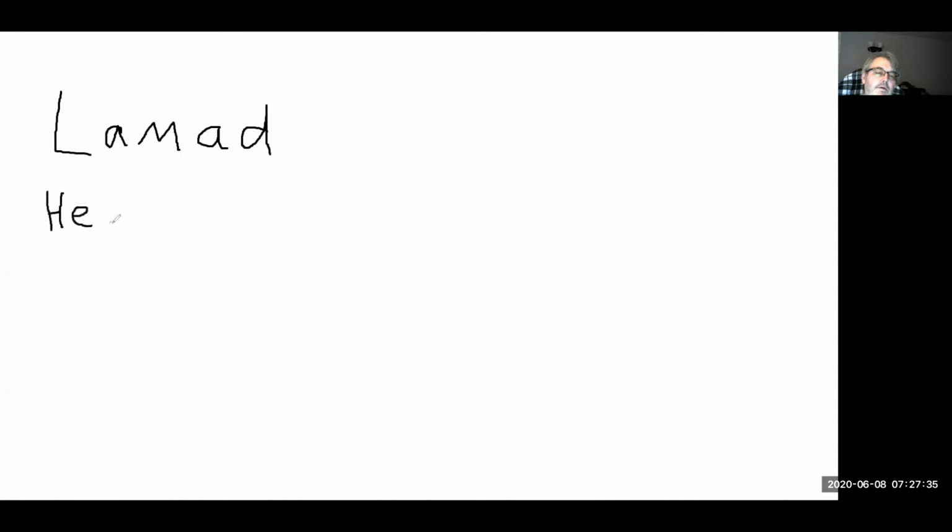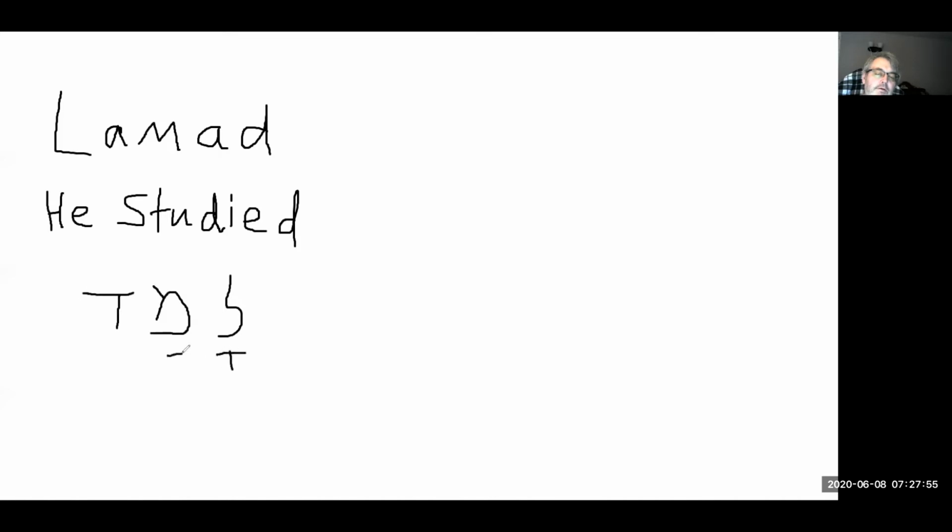And you simply take the root of the word to obtain the past tense, the default he studied, right? So you take your lamed, your mem, and your dalet, and you fill in your kamatz and your patak, same vowels as the pa'al, and that gives you your lamad, which means he studied.